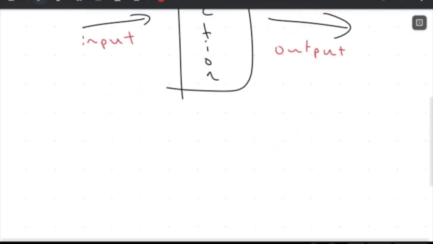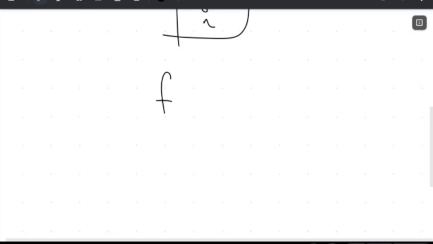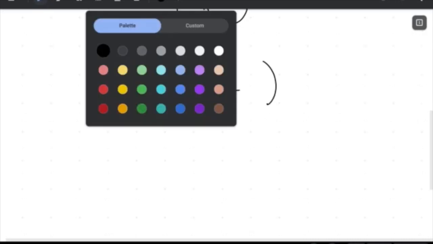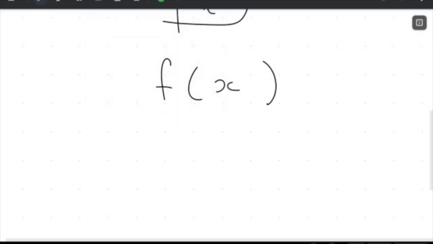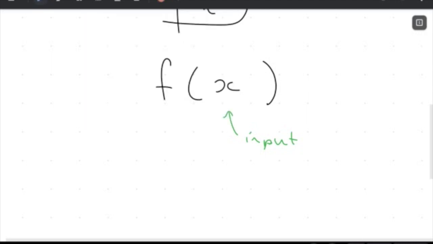So looking at this kind of notation here, f of x, I have my thing that I plug in, which is still going to be my x, so the input, and what I get out is my f of x.